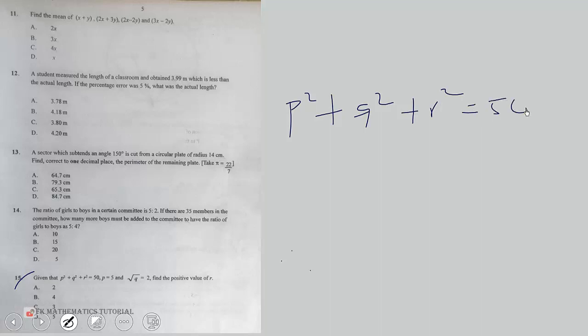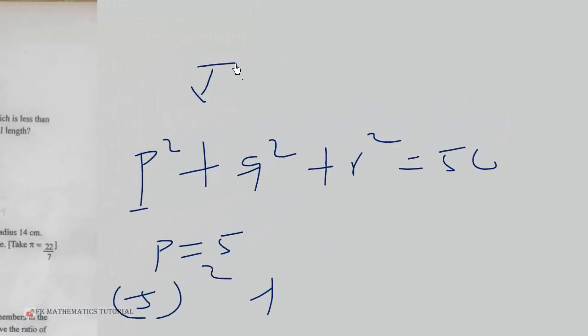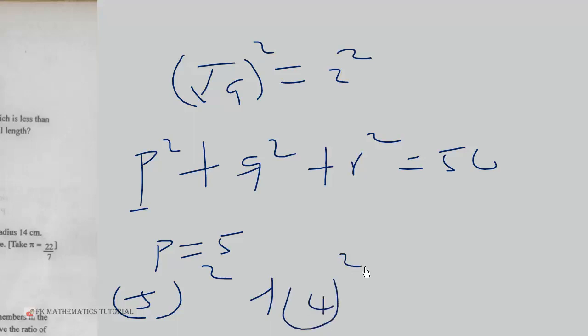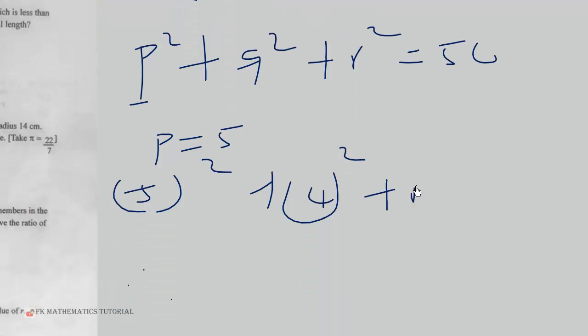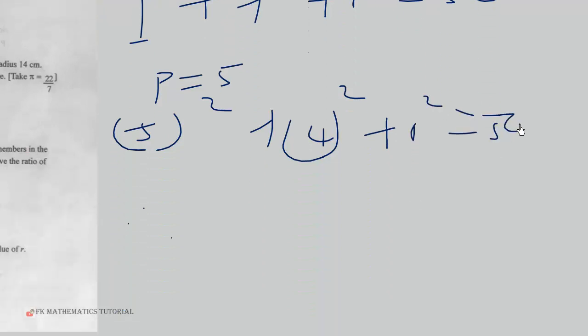So we're given that p is 5. So you put 5 here, 5 squared. Then q, we're given that root q is equal to 2. So you square both sides, you get q equal 4. So put 4 here. Then plus r squared is equal to 50.